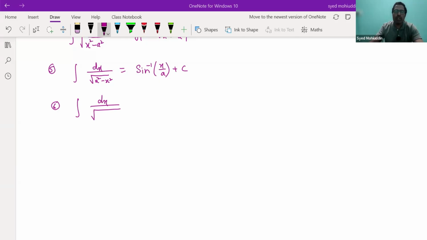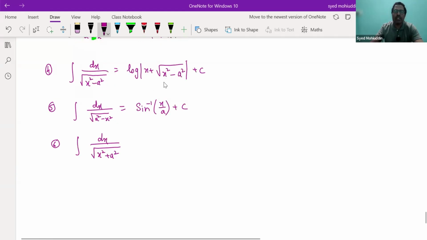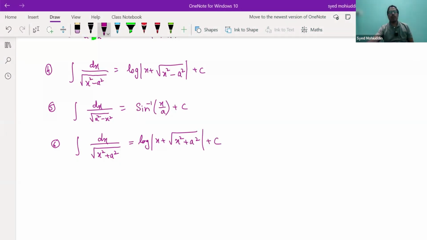When we had x square minus a square, we wrote log of mod x plus root of x square minus a square. But here root of x square plus a square is there, so accordingly we write log of mod x plus root of x square plus a square plus the constant of integration c. These are the set of formulas that you need to remember.